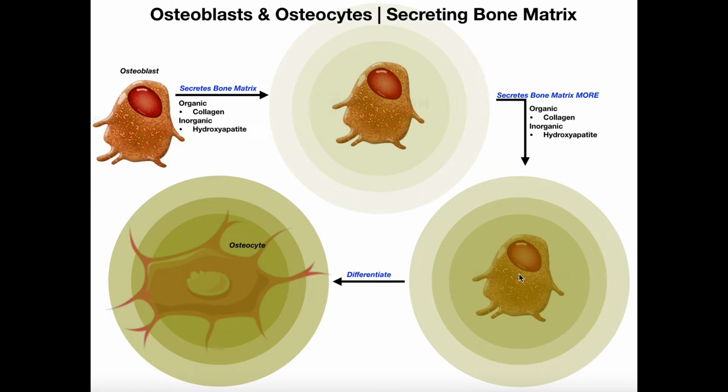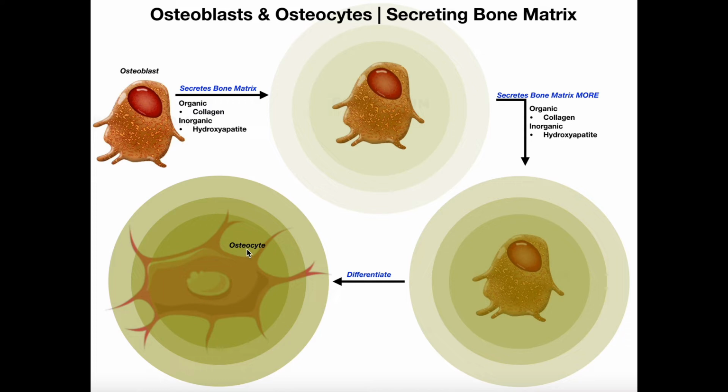So this osteoblast is going to be receiving less and less oxygen, less and less glucose, and so on and so forth. And at some critical threshold, among some other biochemical signals, a low enough oxygen delivery and a low enough glucose delivery is going to trigger the osteoblast to differentiate into a new cell type.